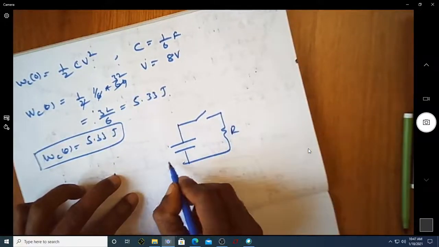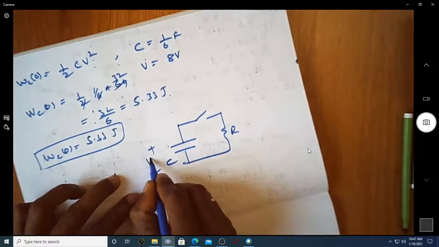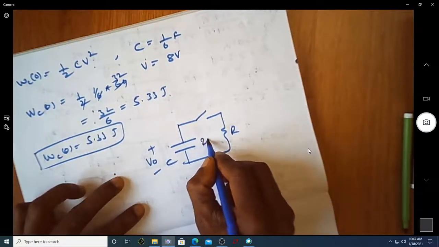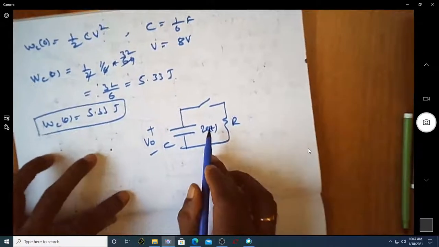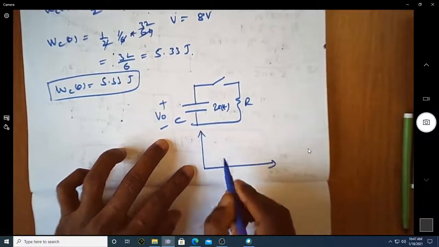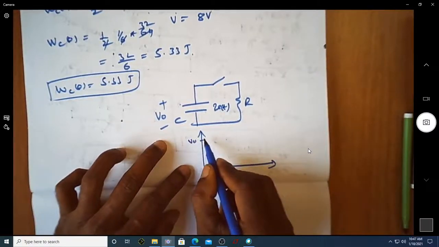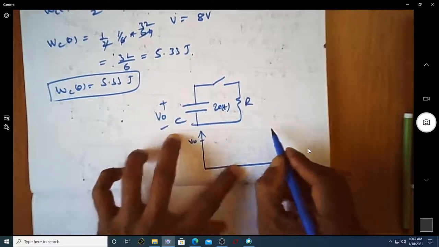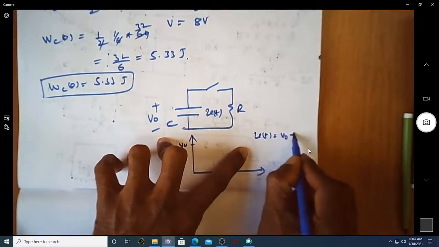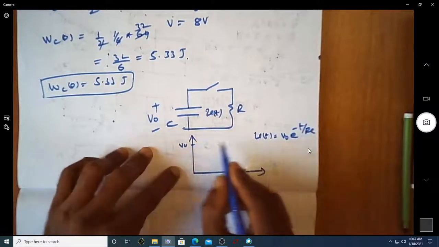Suppose this is R, this is the value of C, and V0 is the initial voltage across the capacitor. If you want to know the capacitor voltage at any point of time, we know that V of t is given by V0 e power minus t by RC.